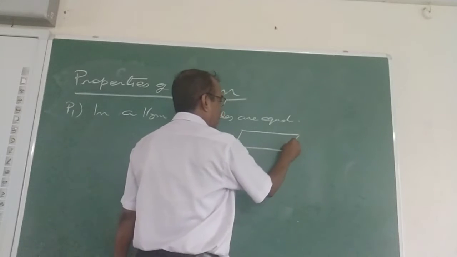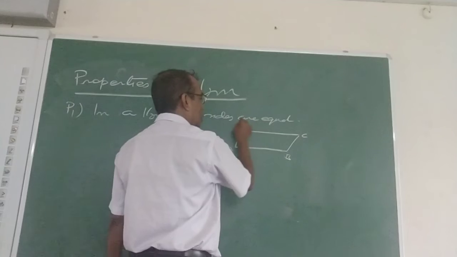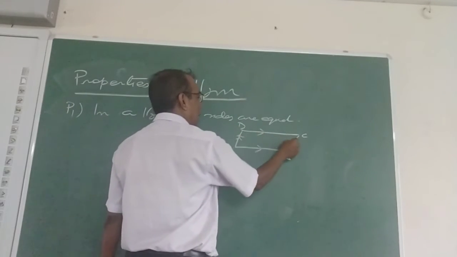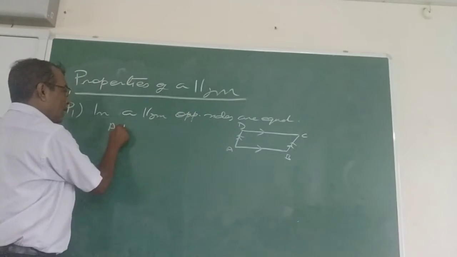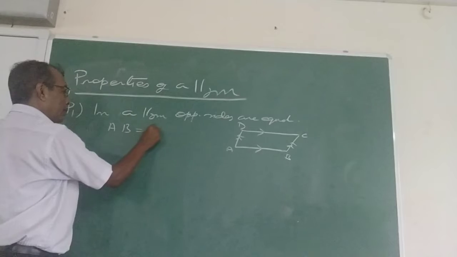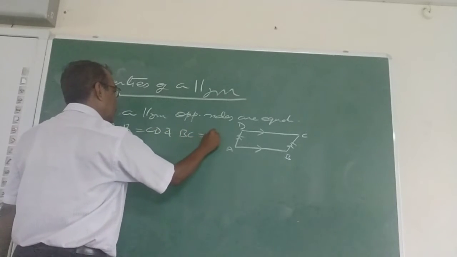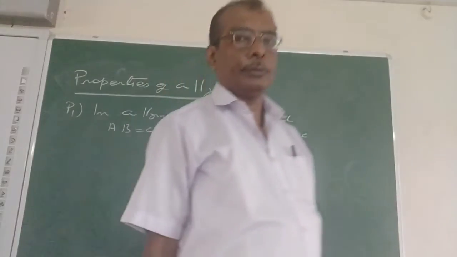Parallelogram means opposite sides are parallel, as told from the definition. And if it is a parallelogram, then property number 1 says AB will be equal to CD and BC will be equal to AD. This is property number 1.